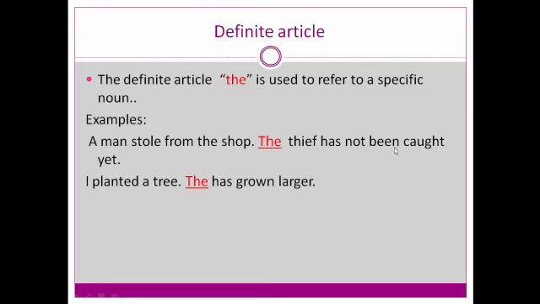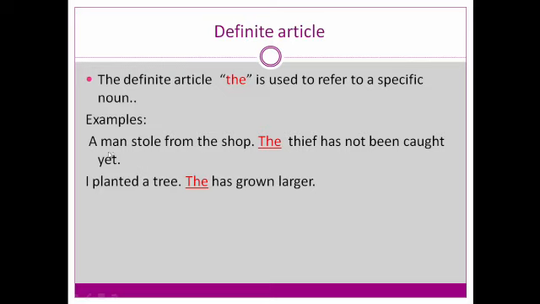But in the next sentence, the thief has not been caught yet, which means the thief. Which thief? A man stole from the shop. A man is the thief. So here we are talking about the same person.